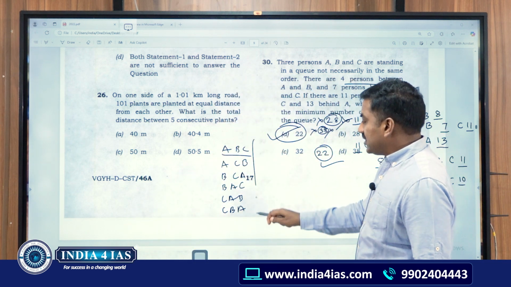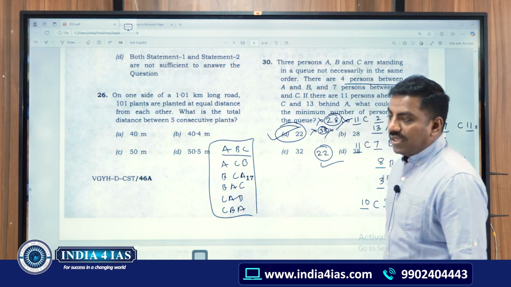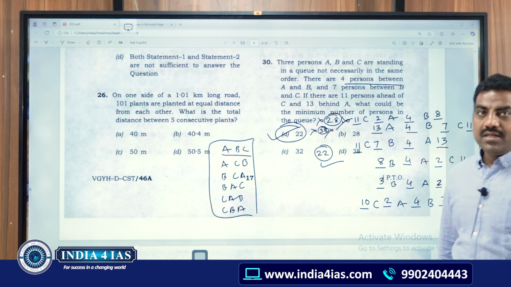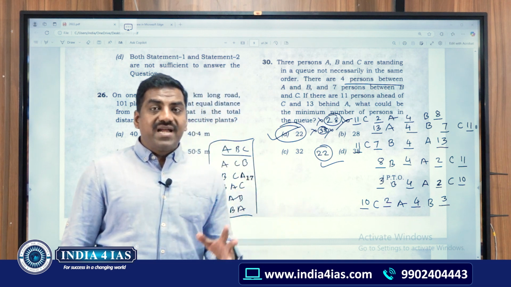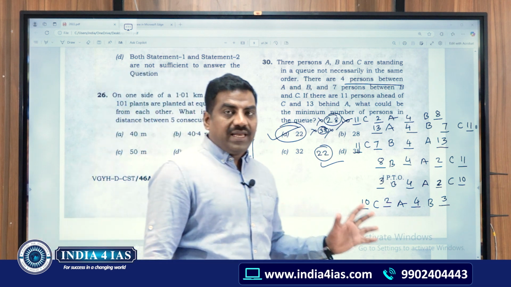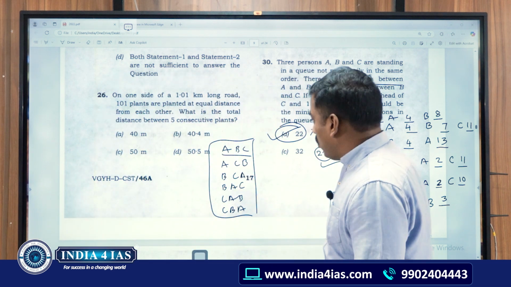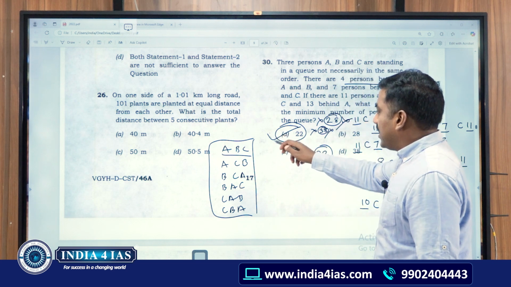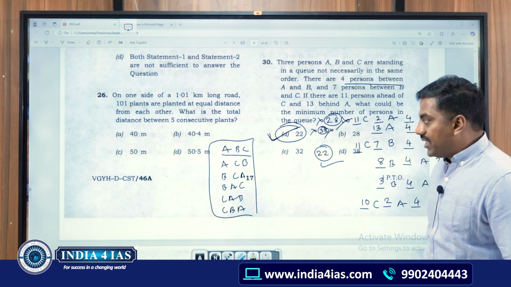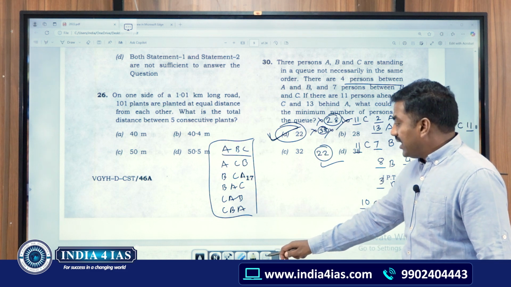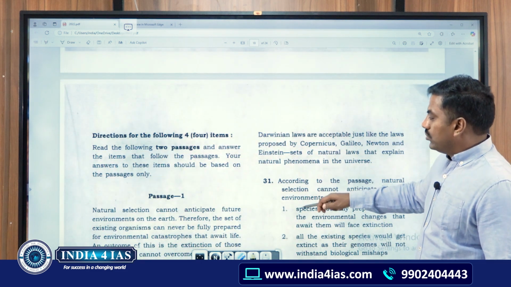See, there are 6 ways of arranging ABC, not just one way. There are 6 ways of arranging ABC and they have given some data. According to that, we have to fill here. And finally, we get 22 as the minimum number of persons that we can accommodate here. Maximum we have 38. Minimum is 22.